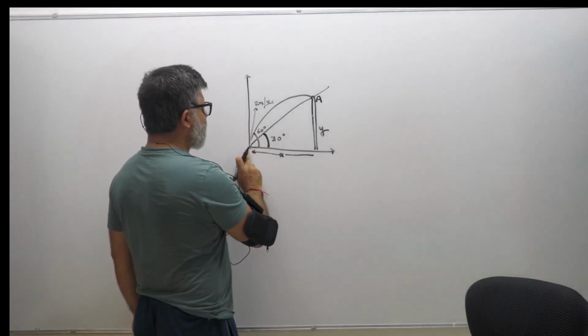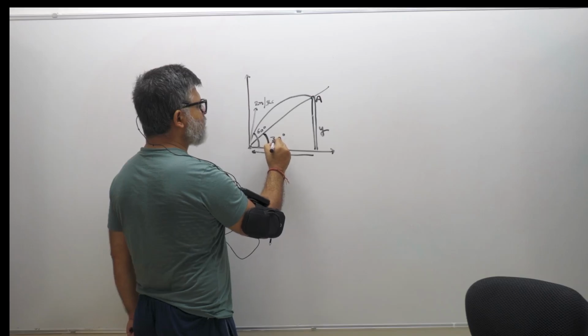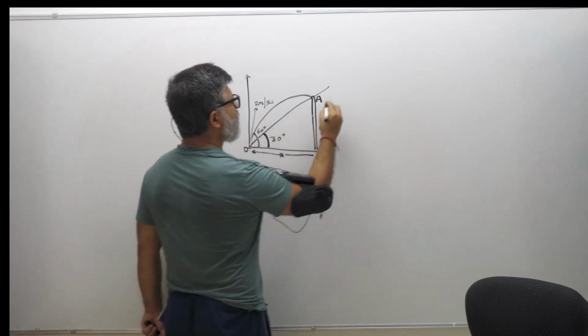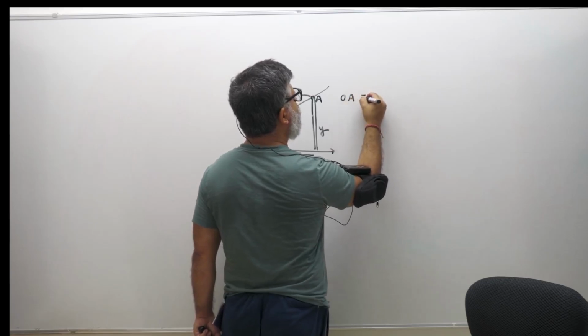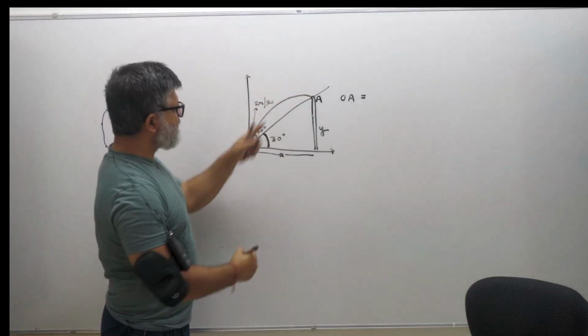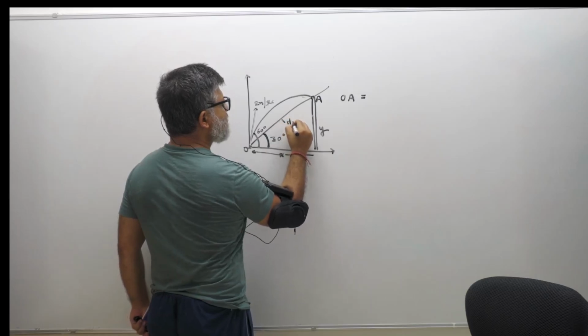If you connect the point of projection and that point, the angle it makes is the, so we are talking about displacement. If I call the point of projection O, then as per the question, the displacement of the projectile is OA. Though the trajectory is this, this is the trajectory, this is the displacement.